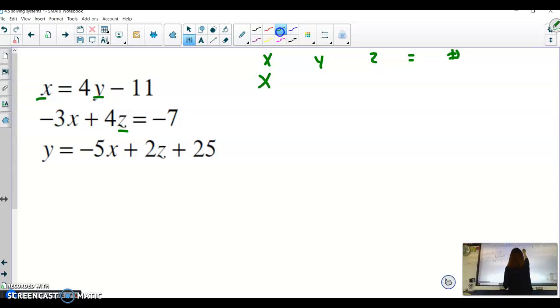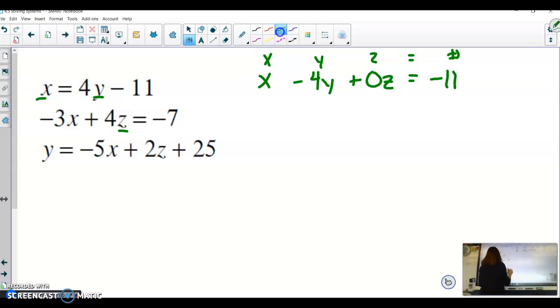So this first one, I want to keep the x on the left side, but then I need to bring the 4y over, so it's going to be minus 4y. There are no z's, so I'm just going to put a 0 there, and that equals negative 11. Then the next one, I have negative 3x. Again, I'm going to put that placeholder of no y's to make sure that everything stays lined up.